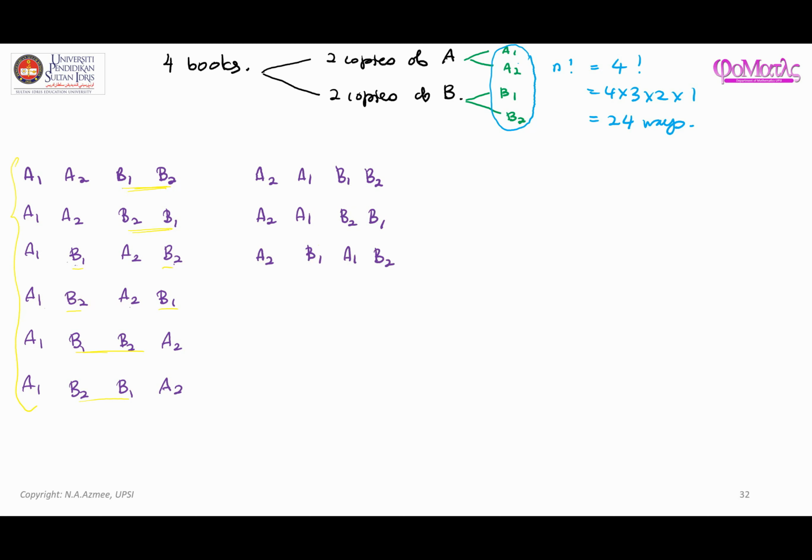Next, switch this position. So we've got A2, B2, A1, B1. And here we've got A2, B1, B2, and A1. And this is A2, B2, B1, and A1. So that's what I did.